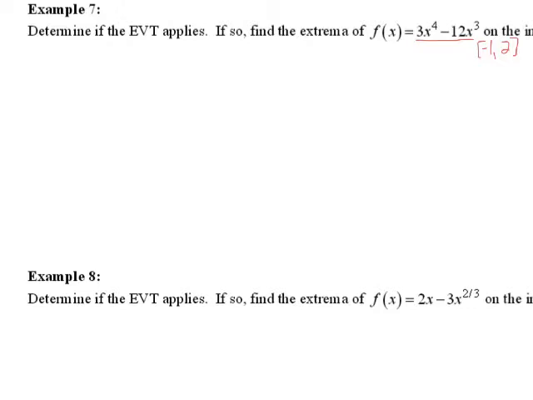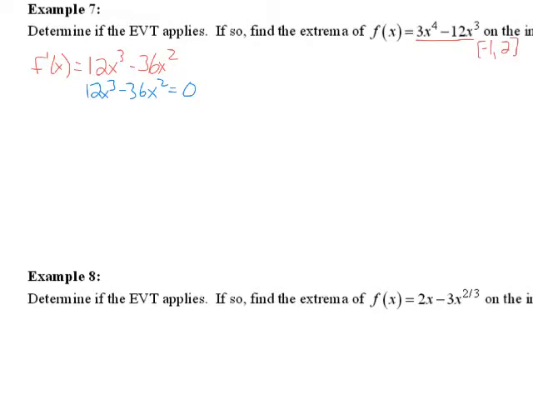So the first thing we're going to do is find f prime. So f prime of x is equal to 12x cubed minus 36x squared. And we will use that derivative to find critical values. So 12x to the third minus 36x squared should be set equal to 0.